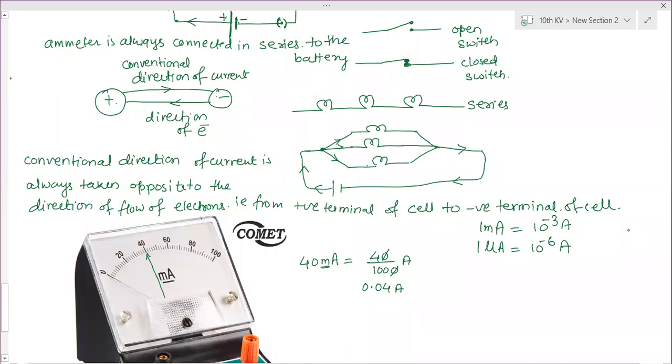We need to know these conversions for calculation, for numerical purposes. Understood? Yes, ma'am.